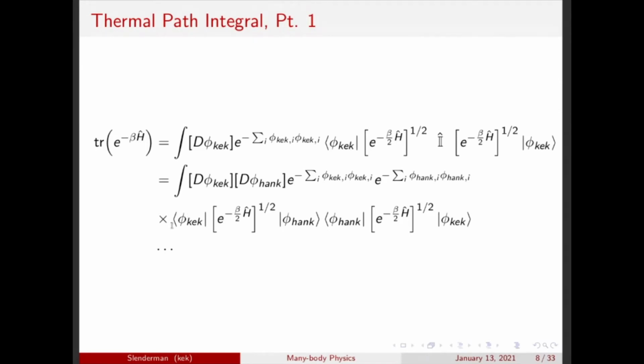And now I've separated this matrix element into a multiplication of 2 different matrix elements. Again, my apologies. Ignore this extra 1/2 here and here. But as you can see, I now have a product of 2 different matrix elements.